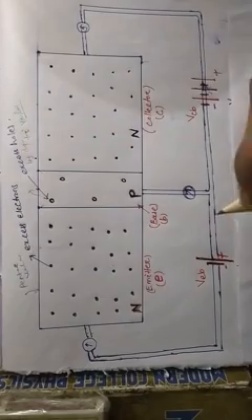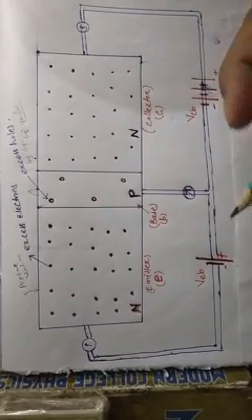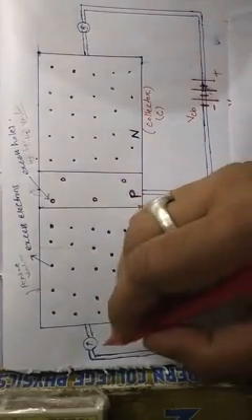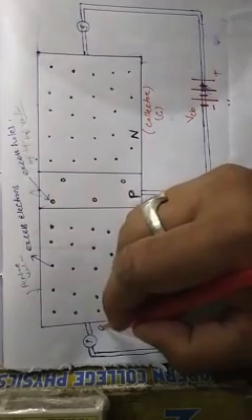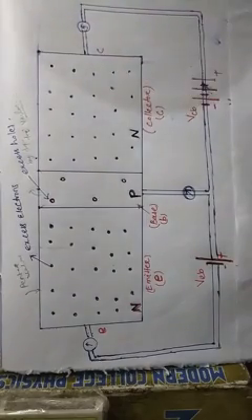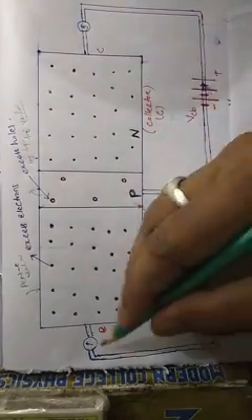Now, in active mode, this is the emitter side, this is the base side, and this is the collector side. The emitter-base junction is always forward biased in active mode.